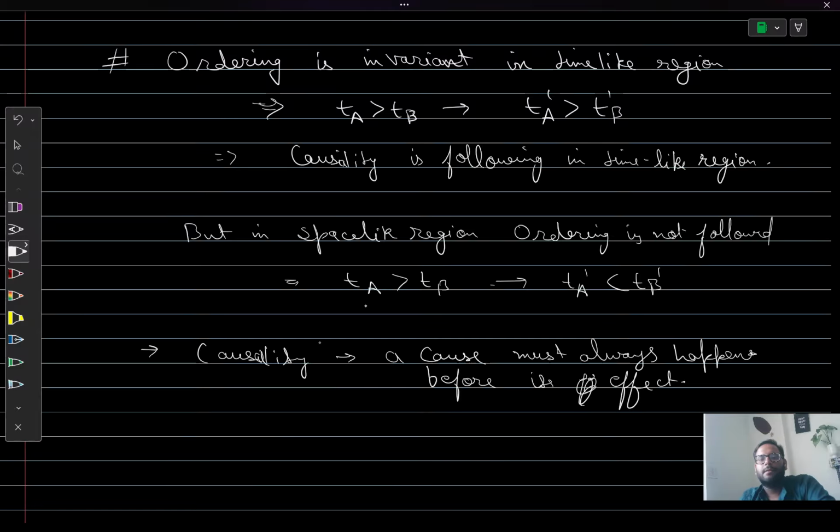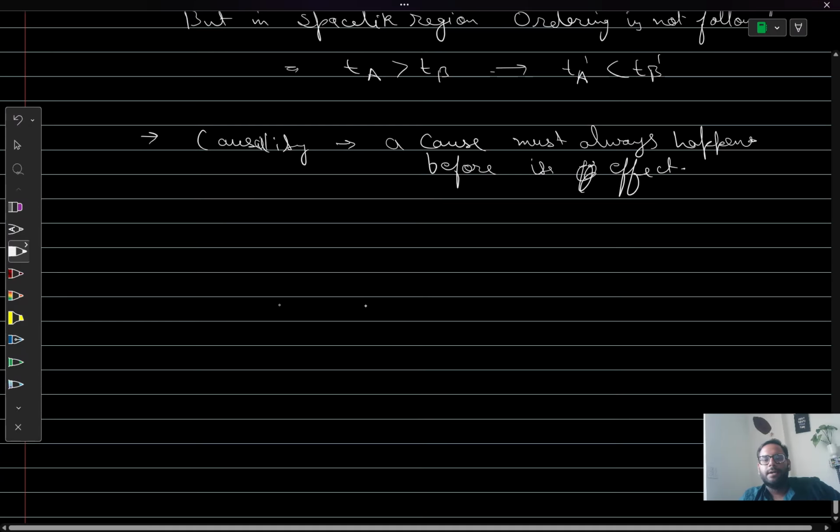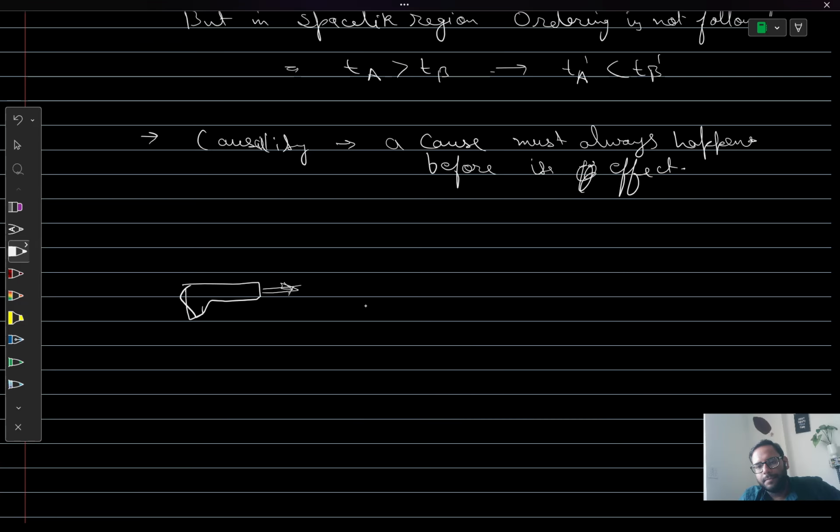You know what is cause or effect, right? If I have a gun and it shoots a bullet, and it hits a person, then this is my cause because I shoot a gun, and this is my effect.